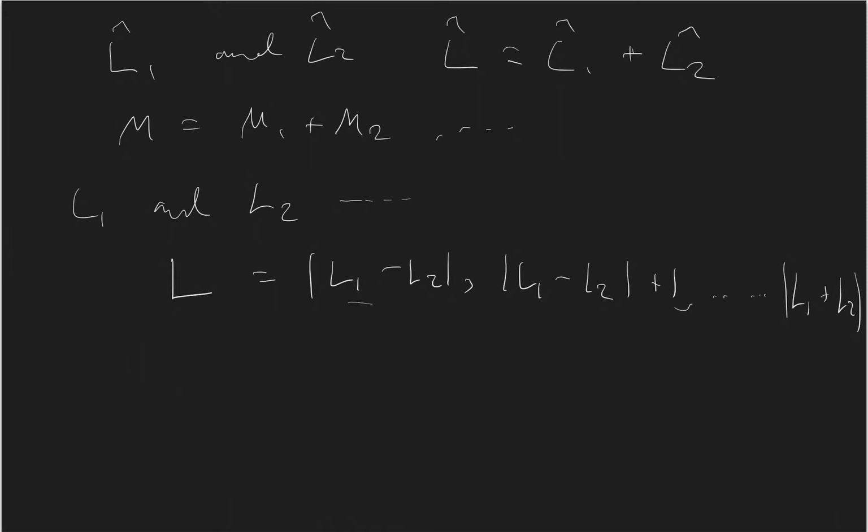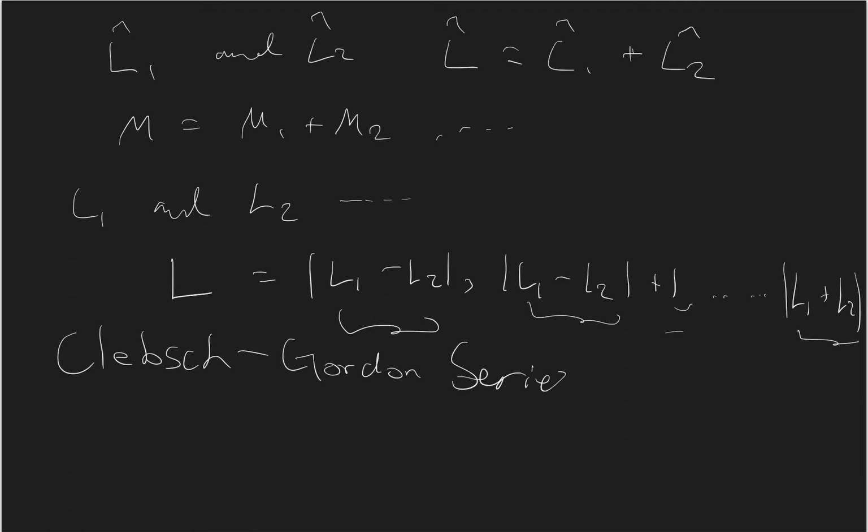So it's like the difference between them. Hopefully you see this pattern. For the magnitude, it would be the difference between them, and then the difference between them plus 1, until you get to the sum of them. Do you see what I'm saying? And this, we call the Clebsch-Gordan series.